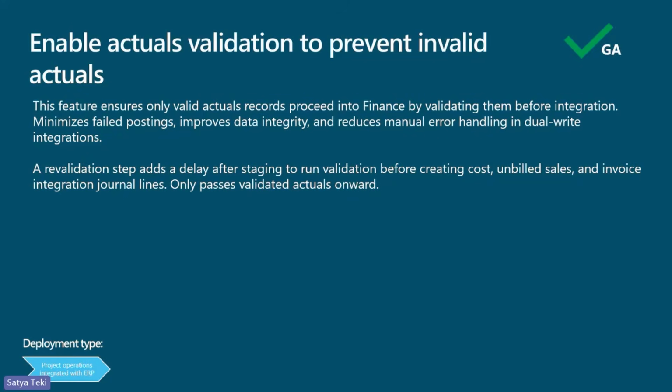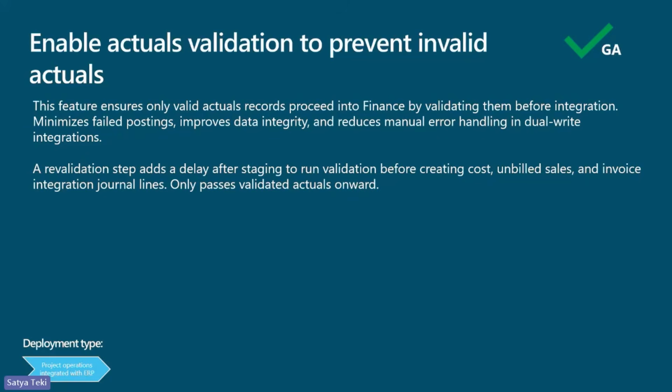In this way, it prevents the creation of records that might not be able to be posted. Because of timeouts, rollbacks, and the general nature of dual write, an originated actuals record might be rolled back in Dataverse. As a result, integration journals that aren't valid can be posted.